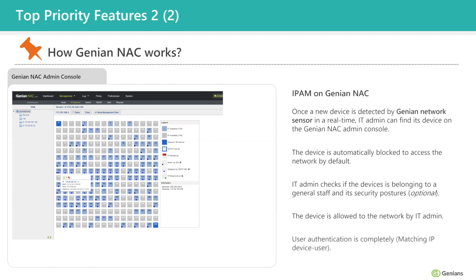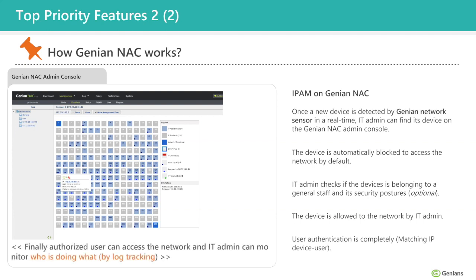Genian NAC allows these devices after authentication, matching the IP of the device with its own user ID. So Genian NAC provides more than IPAM itself. Finally, Genian NAC can identify who is doing what inside the network.